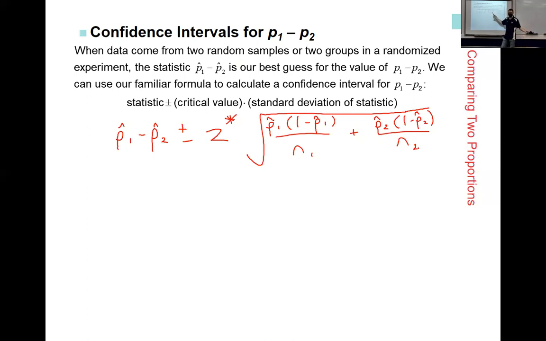There's no P naught to be using because we're not having a null hypothesis. So these are all P hats. Make sure that you're using ones as subscripts here and twos as subscripts here to tell them apart. And then make sure that they're separated by a plus sign here because we're adding variances.